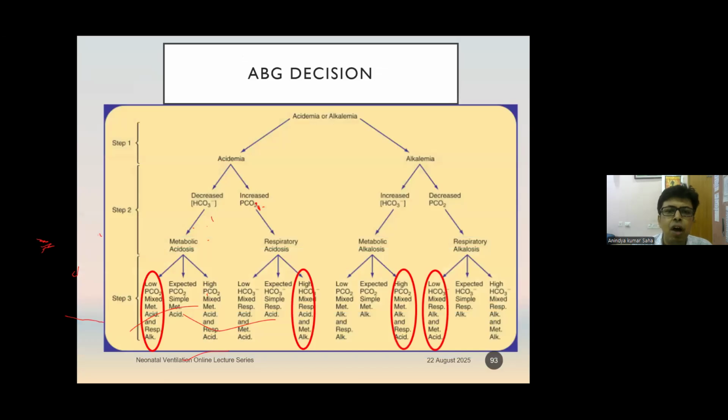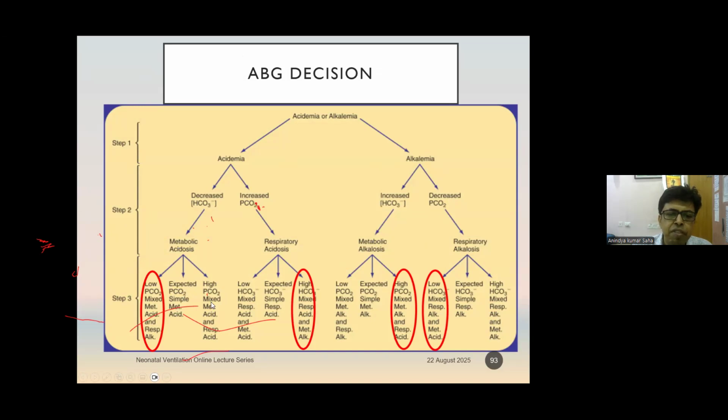This is how we decide, the flowchart. First acidemia or alkalemia. Then if bicarbonate decreases, metabolic acidosis, and if bicarbonate increases, metabolic alkalosis. Increased PCO2 is respiratory acidosis, decreased PCO2 is respiratory alkalosis. The common presentation is expected PCO2 with metabolic acidosis or alkalosis, so a simple metabolic disorder.